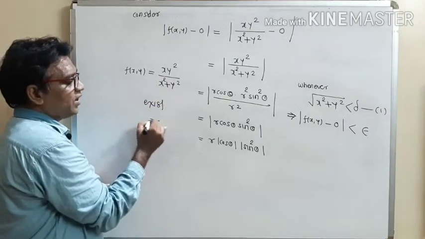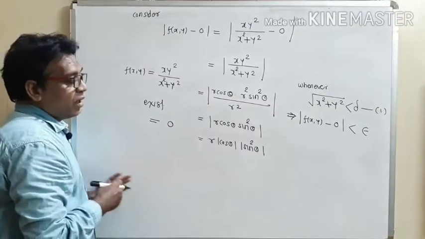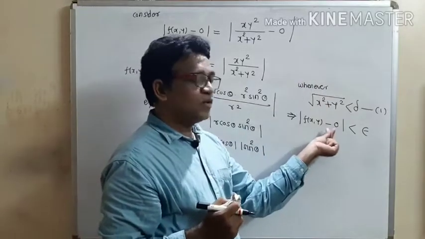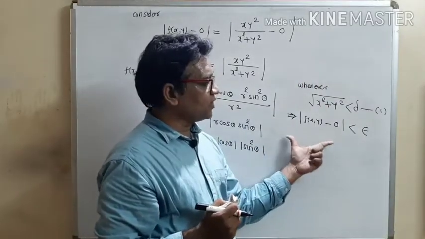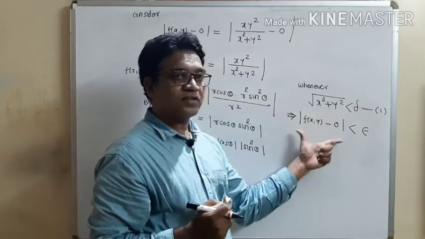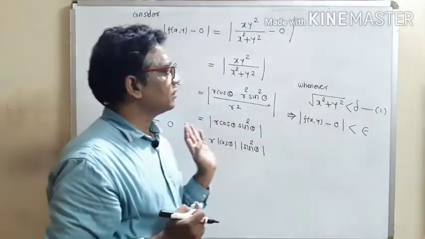Its limit will exist and it is given by the unique value 0. How to show the 0 limit? This is the process for finding the 0 limit. What is the process? Just use equation 1 and find out this modulus. Show that this modulus is less than epsilon.